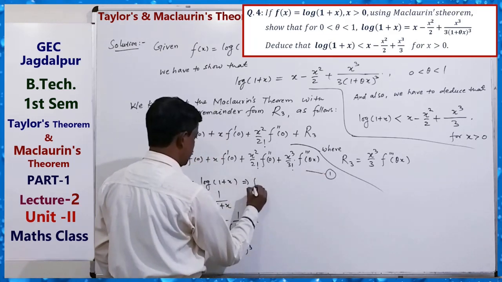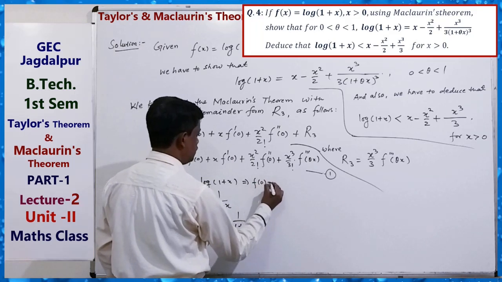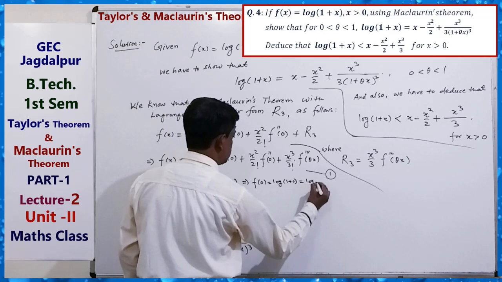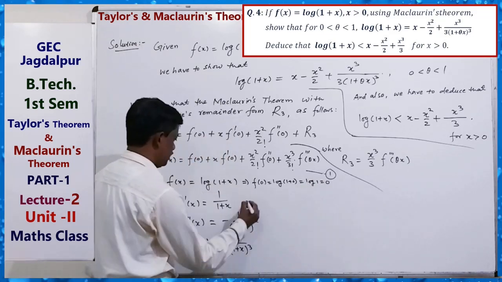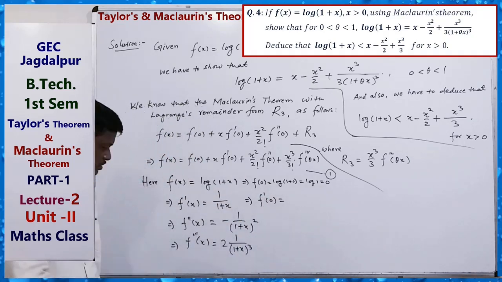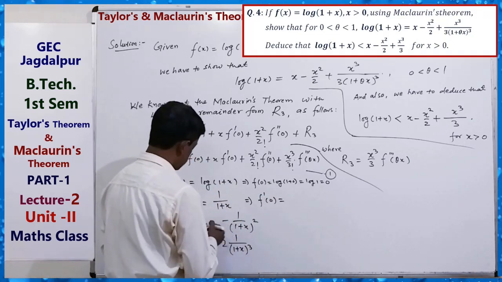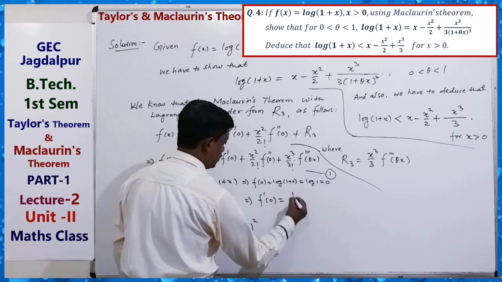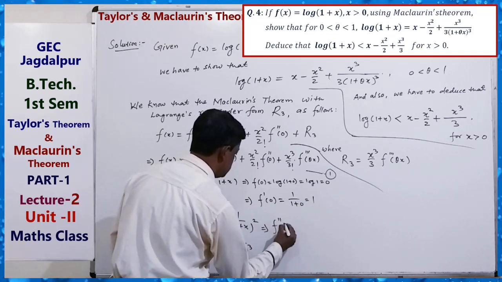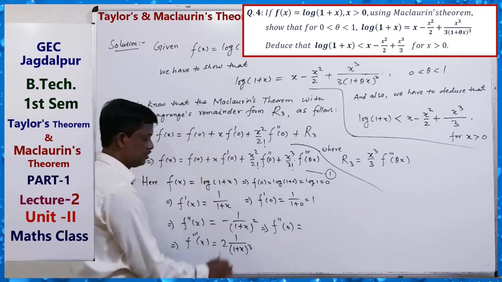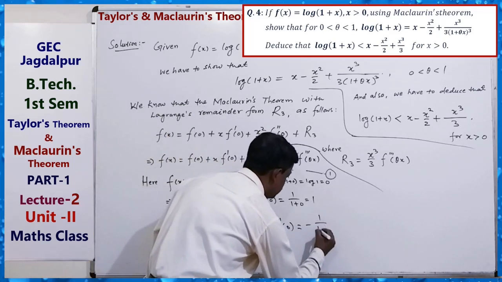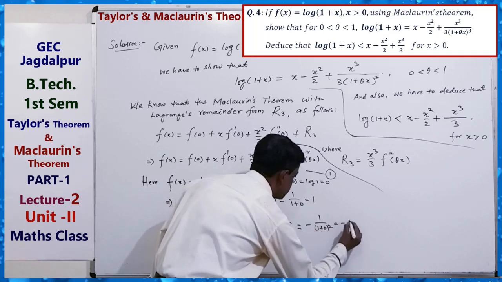From here, f(0) equals log(1 plus 0) equals log 1 equals 0. And f'(0): just find all the derivatives. f'(0) equals 1 upon 1 plus 0 equals 1. Here f''(0) equals minus 1 upon (1 plus 0) square equals minus 1.